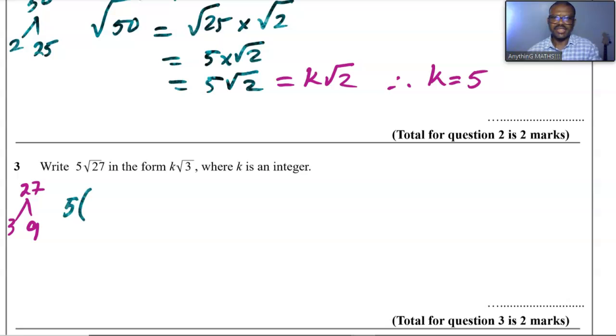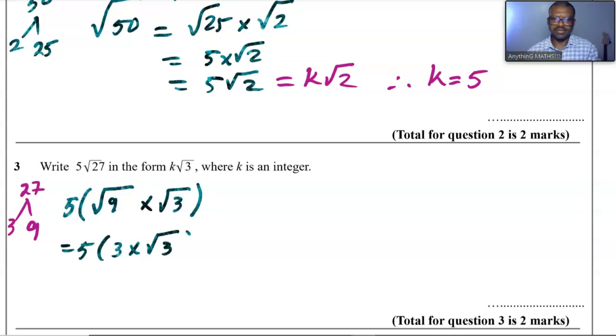So instead of root 27, we're going to write root 9 times root 3. And this becomes 3 times root 3. Expand, we're going to get 5 times 3 times root 3. And we work it out, you get 15 root 3.